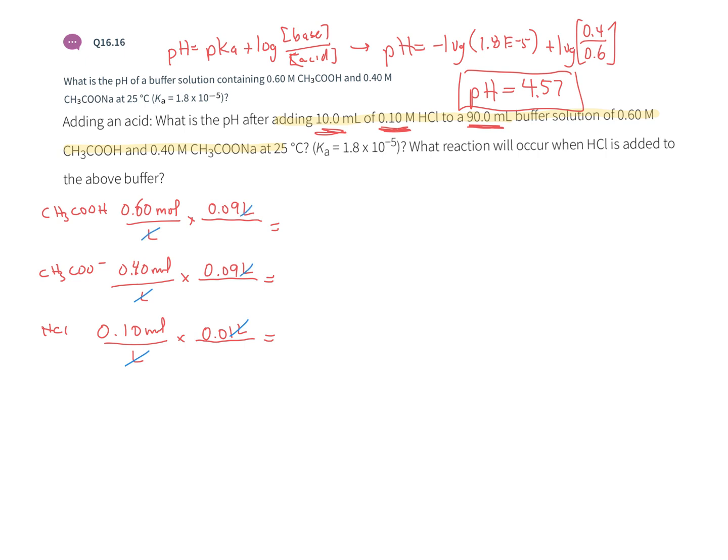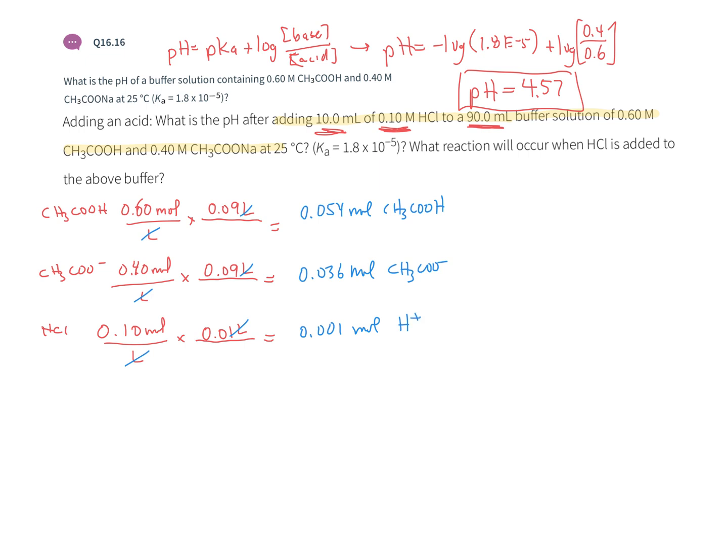When I multiply through, I get approximately 0.054 moles of acetic acid, 0.036 moles of my acetate, the conjugate base, and 0.001 moles of my HCl, so essentially proton.